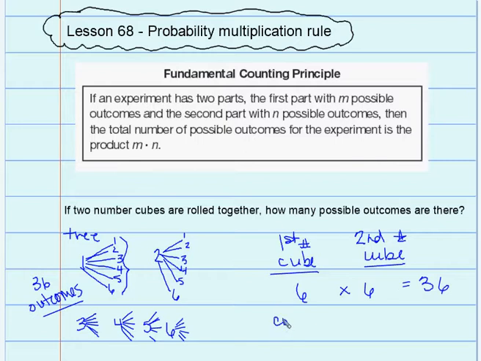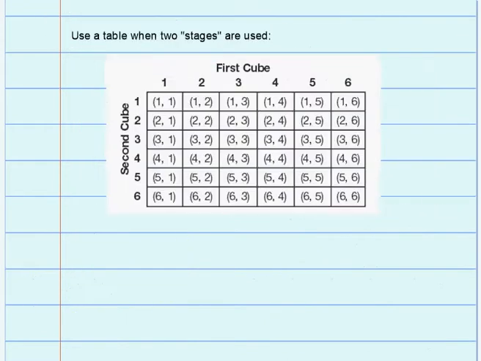The coin, how many outcomes are there? Heads or tails, so there are 2. And a number cube, how many outcomes are there? 6. So if we do a coin flip and roll a number cube, we would have 12 outcomes.